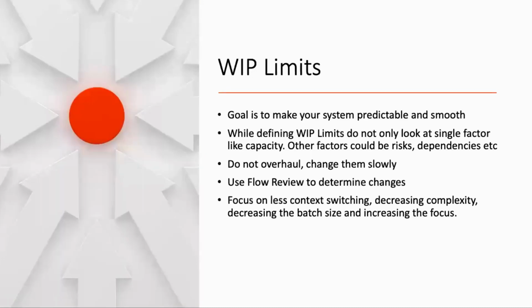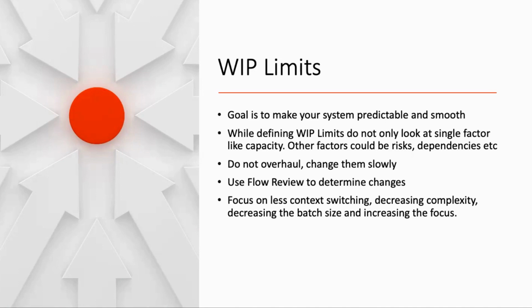Let's look at the second method by which you can actually manage your flow. The second is the WIP limits. When you create WIP limits, you create a pull system, as we discussed a few slides back.